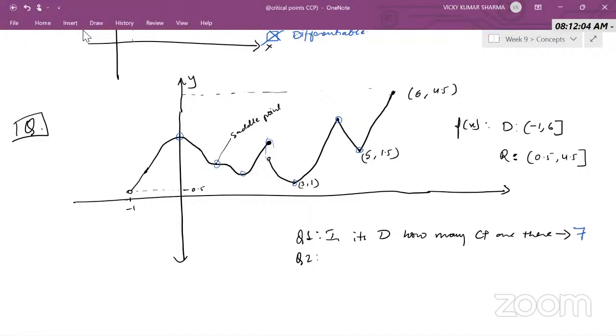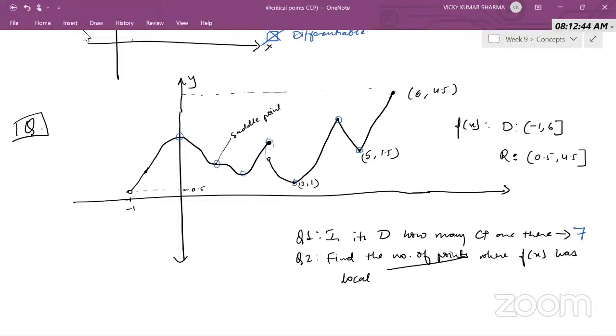Okay, so question 2. Find the number of points where f of x has local minima. Maybe I can just write this down. Find the number of points where f of x has local minima in -1 to 6. Pay attention to this. Of course, this exact question was not asked in the end-term.